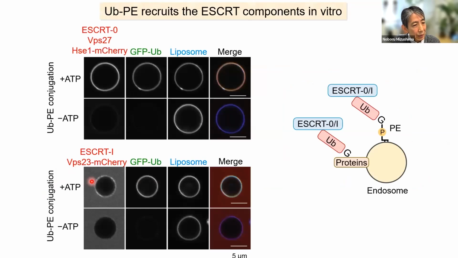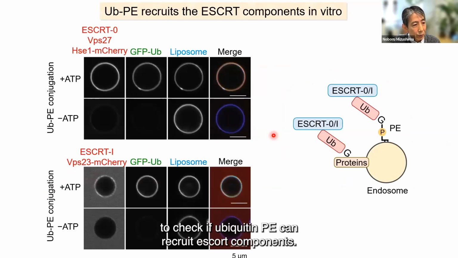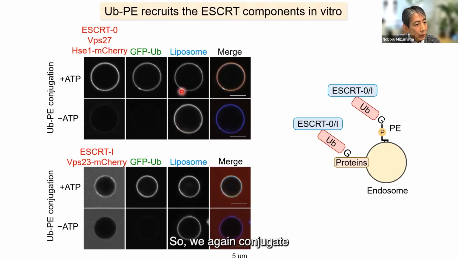Then we used an in vitro reconstitution system to check if ubiquitin-PE can recruit ESCRT components. So we again conjugated ubiquitin to PE-containing liposomes like this, and we confirmed that to these liposomes, the ESCRT-0 components VPS27 and HSE1, and the ESCRT-I component VPS23 were recruited.